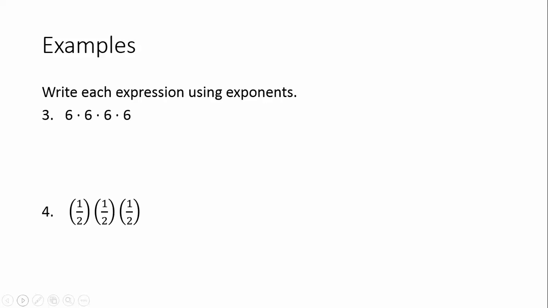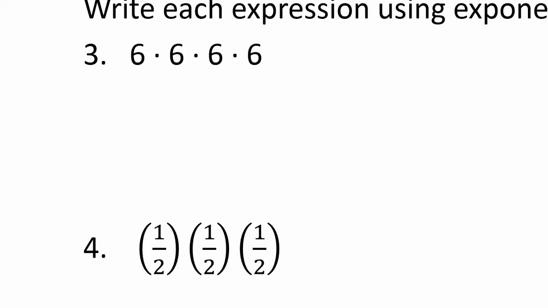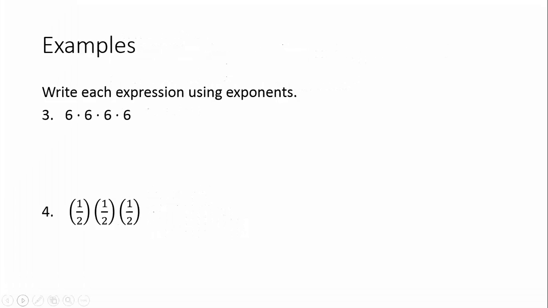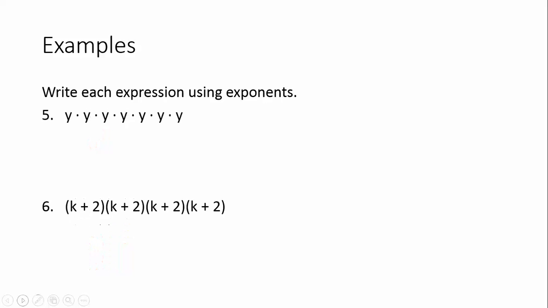Number 3, we have 6 being multiplied 4 times, so that's 6 to the 4th power. Number 4, we have 1/2 to the 3rd power. Now we're going to throw in some variables, which doesn't matter, we can still write using exponents.